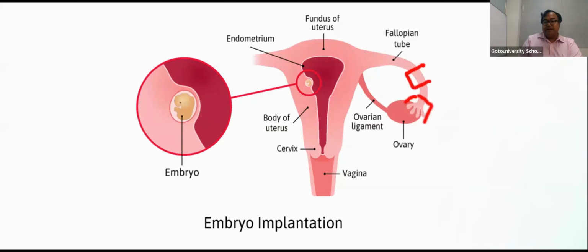And this is the ampulla isthmus junction. From here, the zygote is moving to the uterus for getting implanted over the endometrium, which is the innermost layer of the uterus. What do you mean by cervix? Cervix is also called the birth canal, right? Cervix also means neck, and that is the reason why many times I say cervix is also representing neck. Don't think about the neck, right?